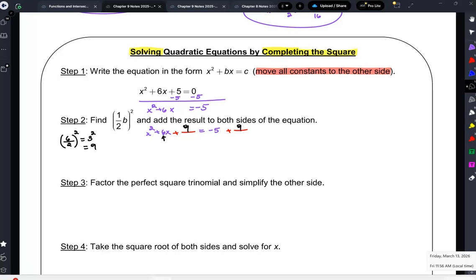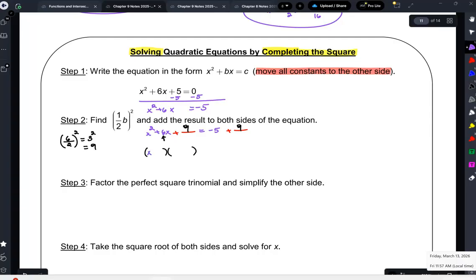This is an equation. Whatever you do to one side, you have to do it to the other side. So first, I took the negative 5 over to the other side. Then I do plus a number, plus a number. What number goes there? The 9. Now, because I did this, now I can factor this polynomial.